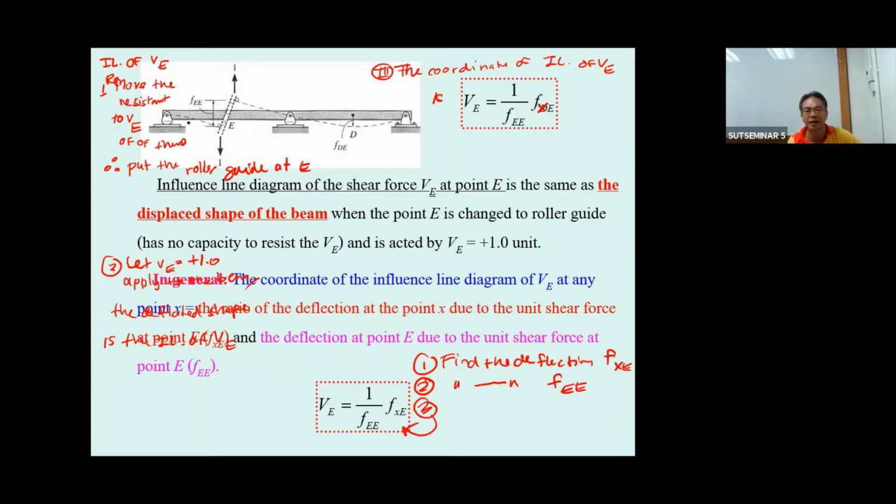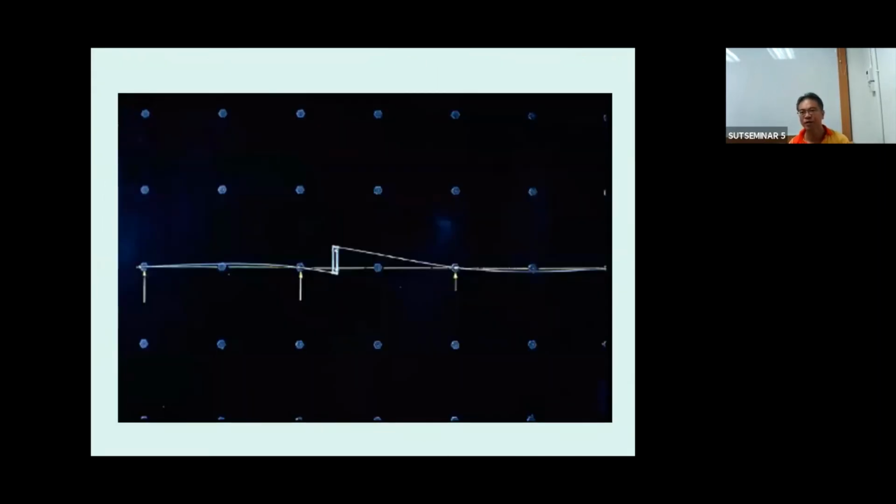You can determine the coordinate of this influence line at point E easily. And this is the real shape of the influence line based on the experiment. Okay, we have what?